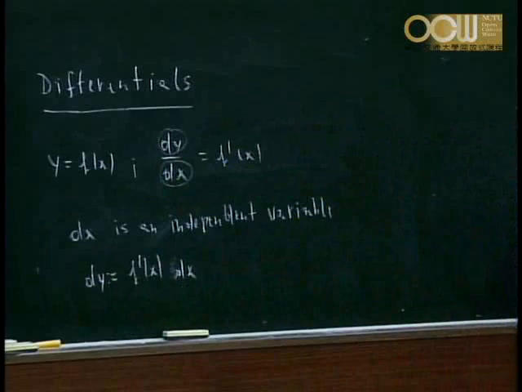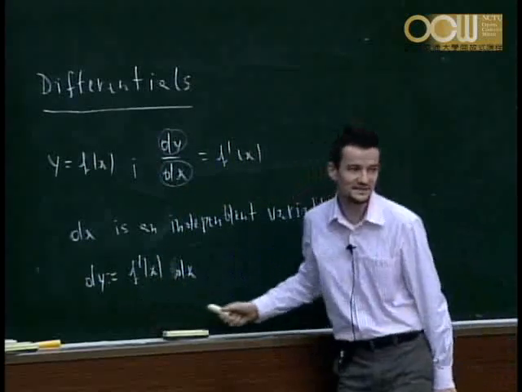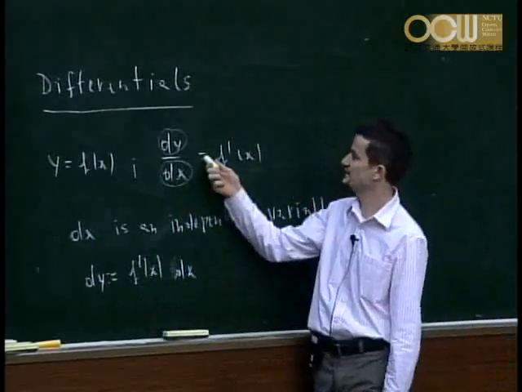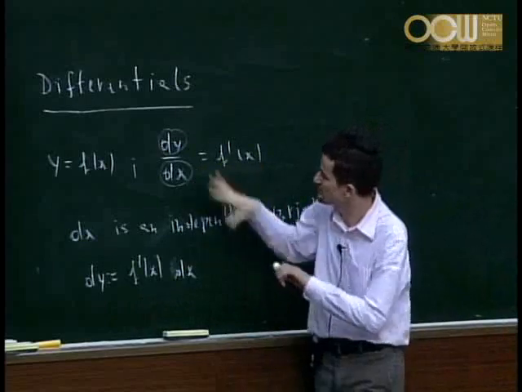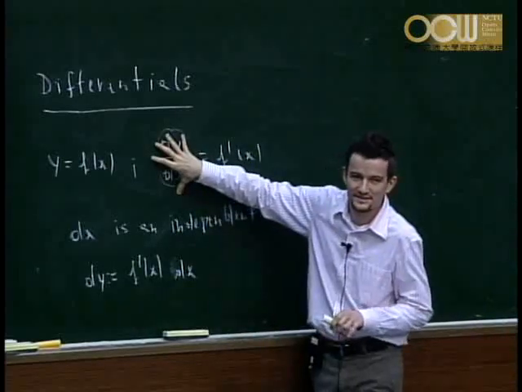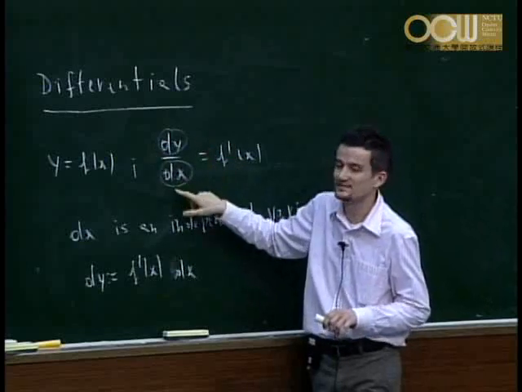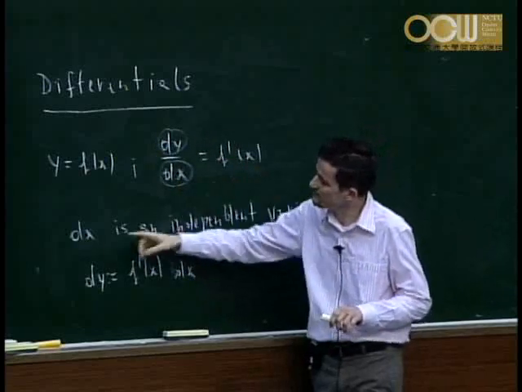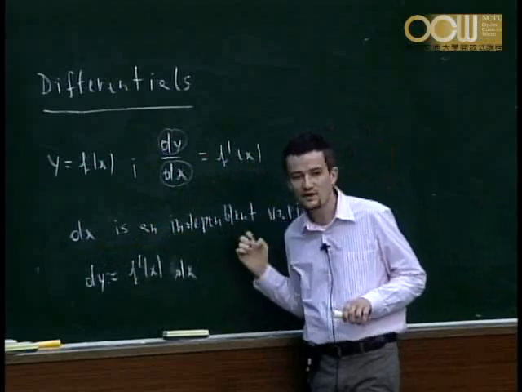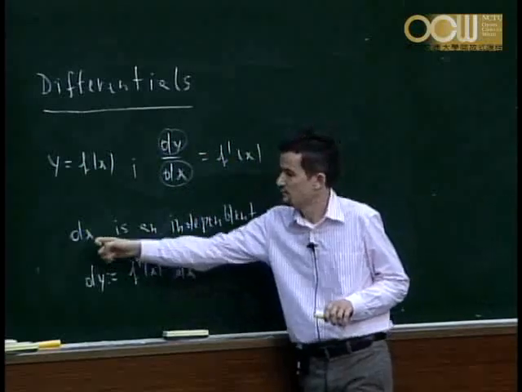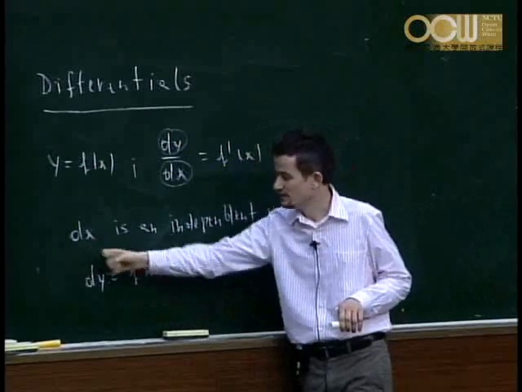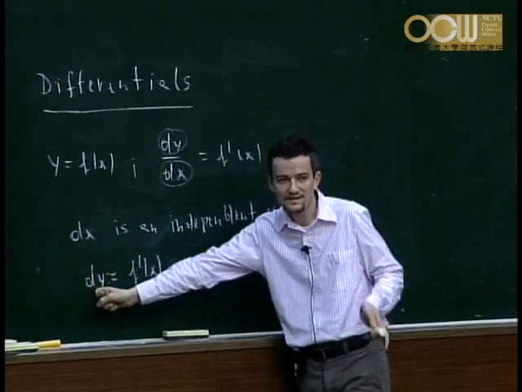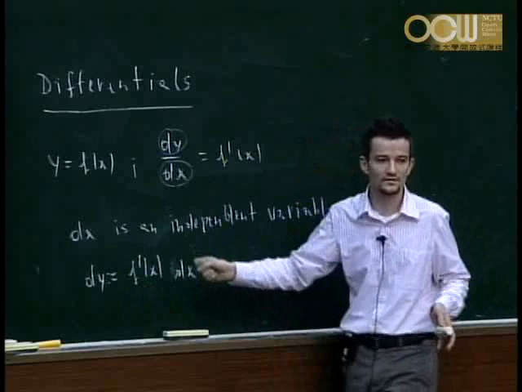You shouldn't be confused by this. This is a definition. Of course, you can say this is clear because I see it here and I multiply everything with dx, but this is one symbol and you cannot multiply with dx. So dx is an independent variable. For instance, you can set dx equal to 2. So it's a variable, and then you define dy as a dependent variable in this sense here.